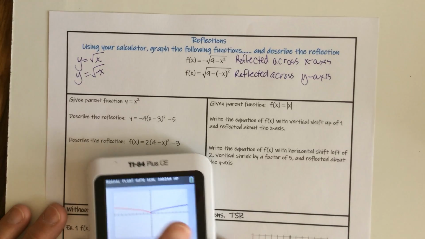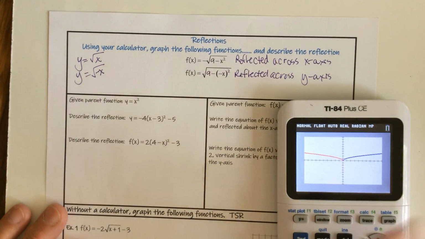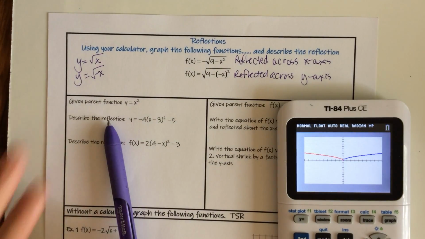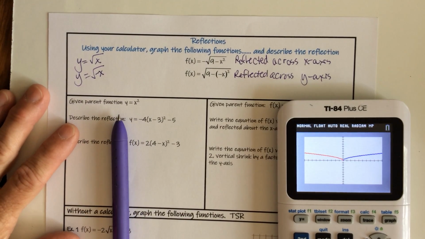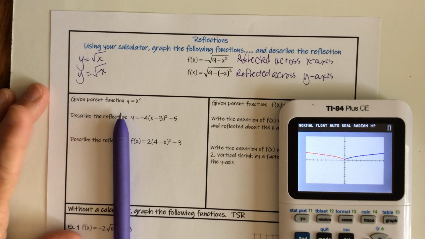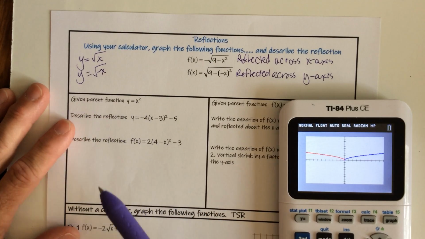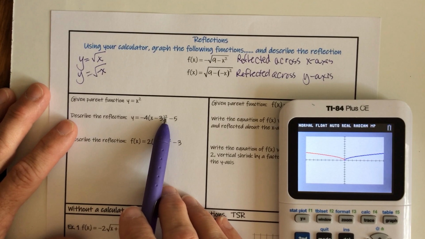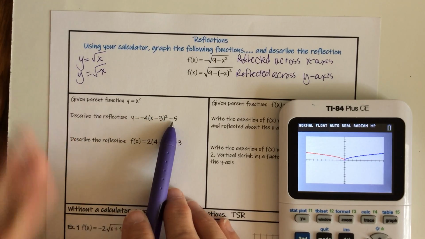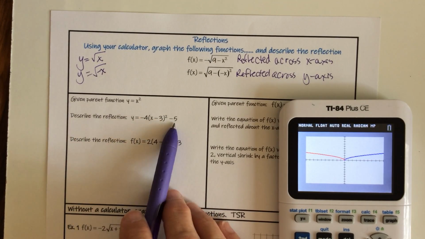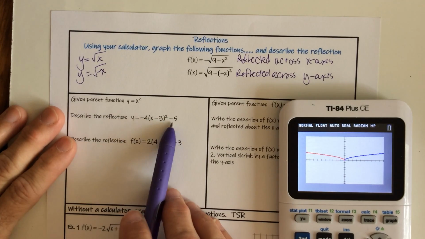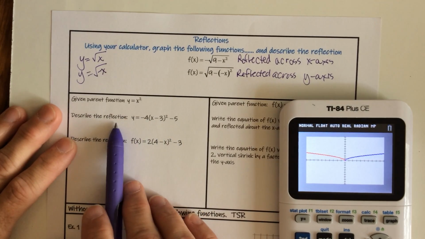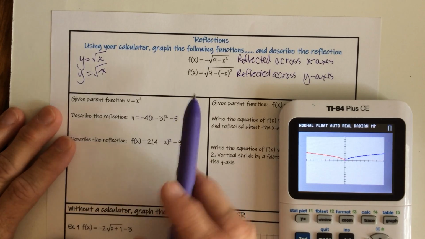Okay? All right, so I'm going to put that aside for just a second. Now let's take a look at the parent function again, y equals f of x, or y equals x squared actually. And I want us to describe the reflection for this function. Well, this is still a quadratic. We know that there's going to be some translations of horizontal and vertical shifts, but all I'm interested in is the reflection.